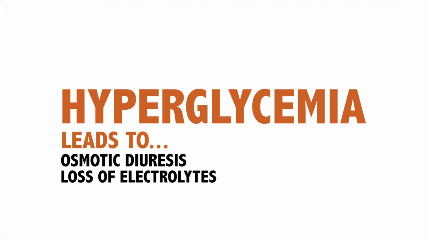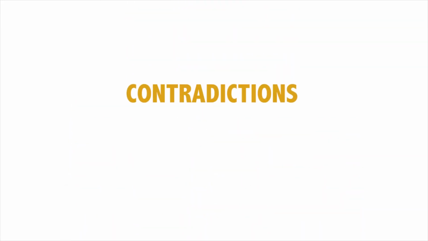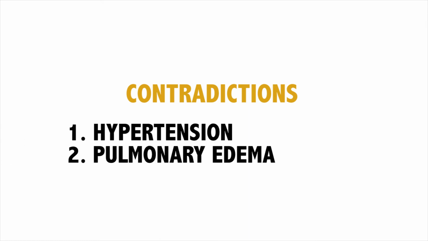Hyperglycemia leads to osmotic diuresis, loss of electrolytes and dehydration, which can exacerbate the metabolic acidosis. Hence, it is important to keep our patient hydrated, and normal saline is the best pharmacological intervention to meet this goal for quality care. However, some of the contraindications are hypertension and pulmonary edema.